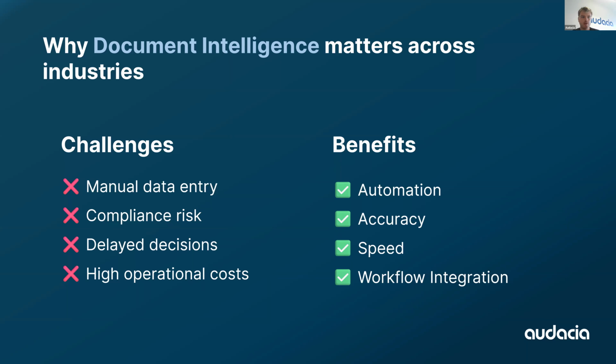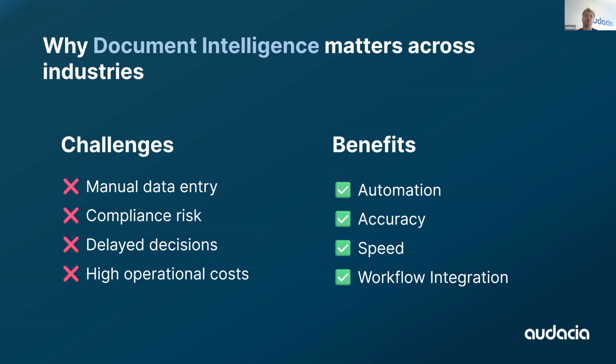So some of the challenges we have is manual data entry. Manual data entry is pretty time consuming. Depending on the type of document, if it's a relatively simple document, we might be able to get through quite a few, but the more complex documents that have a lot more information and need some reasoning behind why these things are related can become very time consuming and also potentially error prone as the complexity increases.